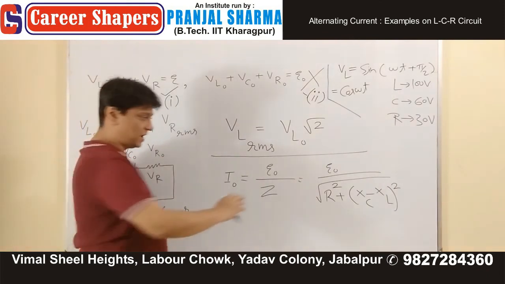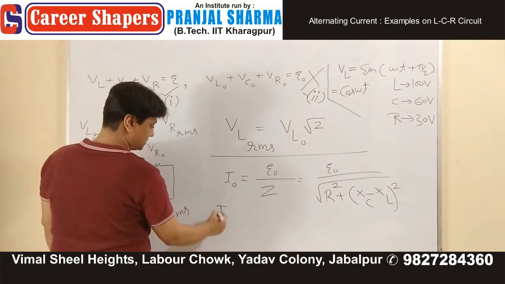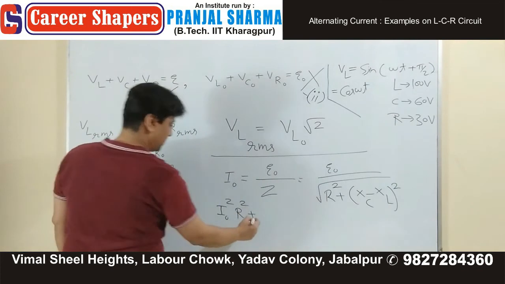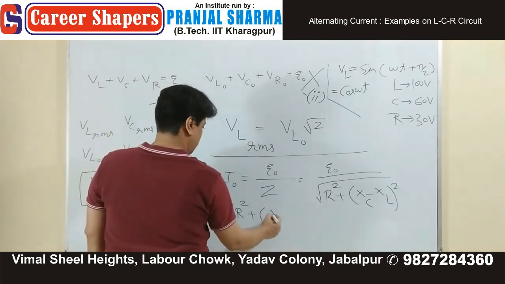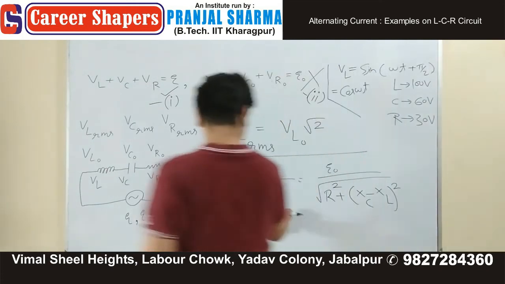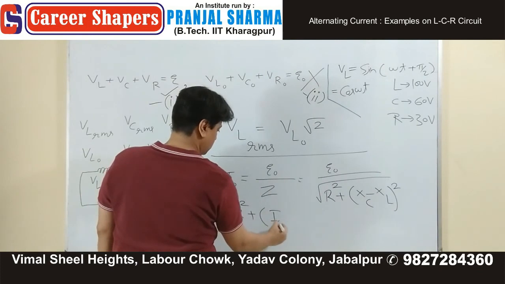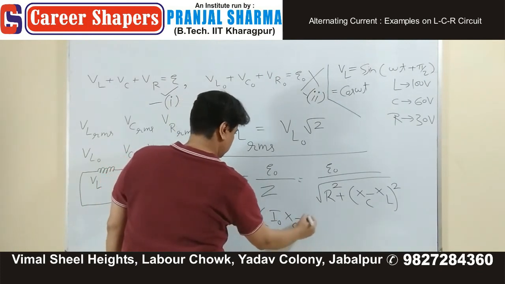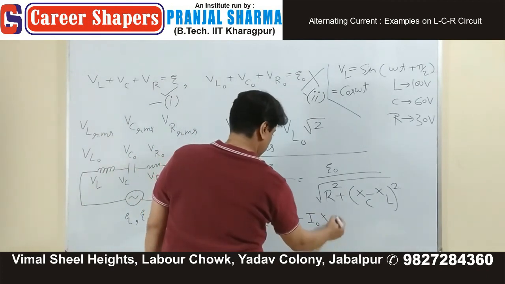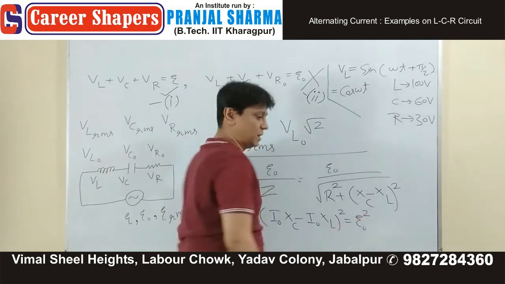Now let's be fast. This thing is nothing but I naught square R square plus I naught XC minus I naught XL whole square equals E naught square.